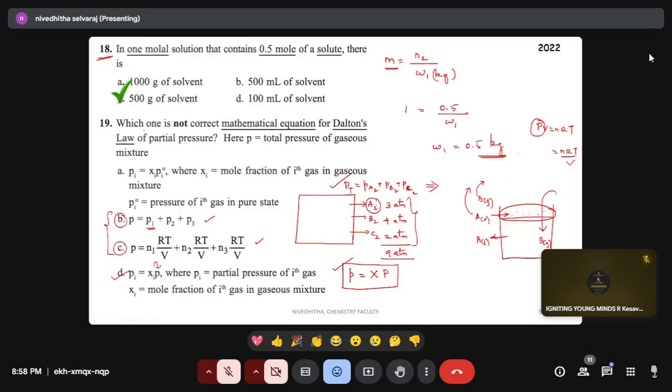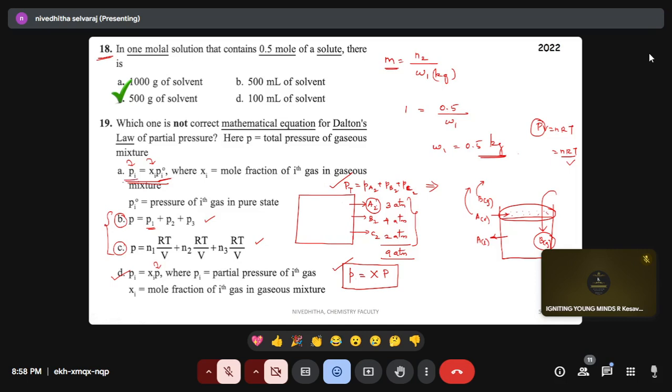So in this equation, this is Pi, which is the partial pressure of the gas on the surface of the solution, right? And here this is the mole fraction of the gas which is present inside the solution, and this is the vapor pressure of the pure solvent.